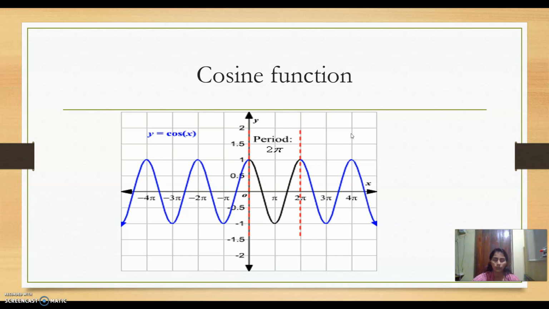Next, the cosine function. This is a graph of the cosine function. Next, I need to find the inverse of this cosine function. In order to do that, first I have to convert this cosine function into a one-one cosine function.